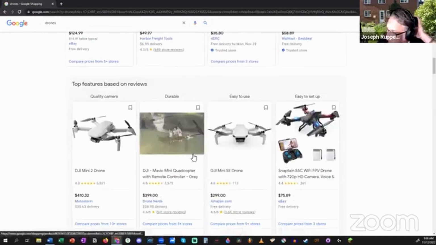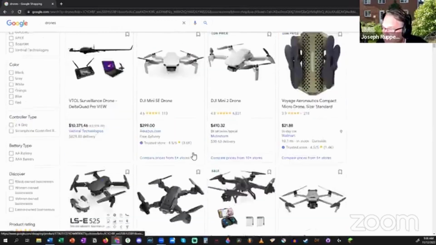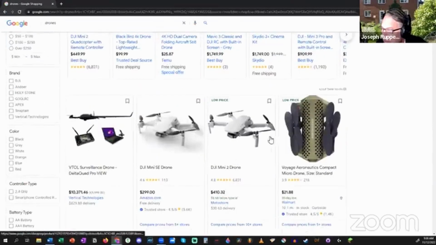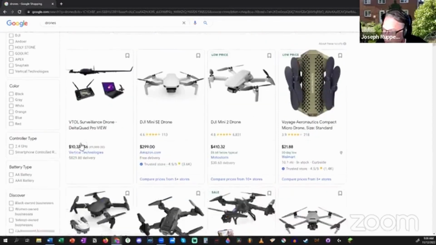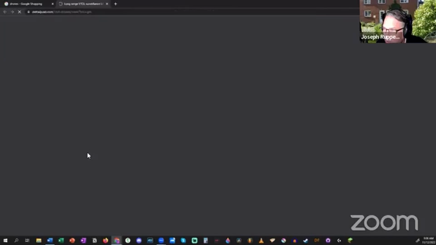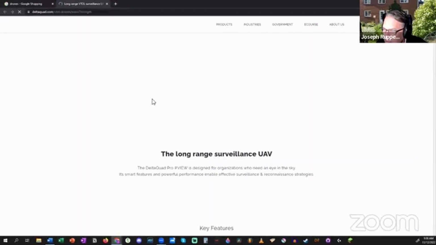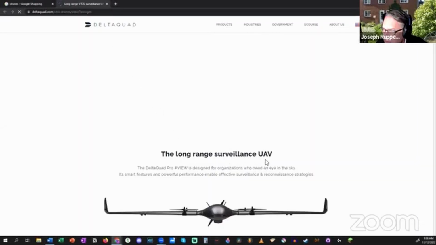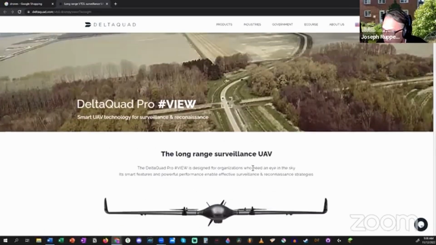Okay. So this is what we're talking about. It can be like these kind of helicopters, but look at this one. Oh my goodness. This is over 10 grand for this. What in the world? What am I going to do with a drone like this? Long range, Delta Squad, long range surveillance, UAV.